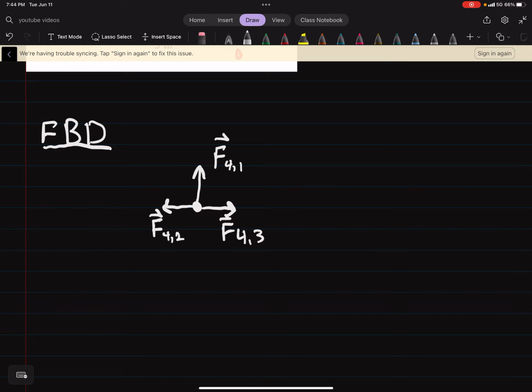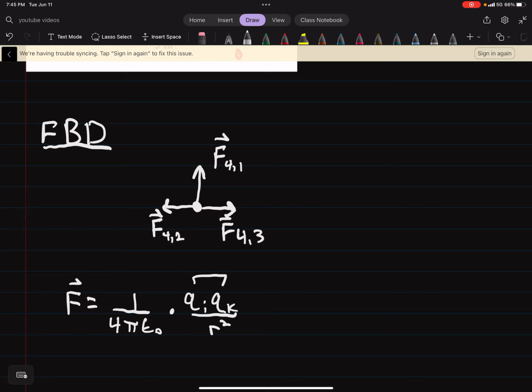Okay, so now Coulomb's law tells us that our electrostatic force is 1 over 4 pi epsilon naught, some constants, times Q_i Q_k over r squared.